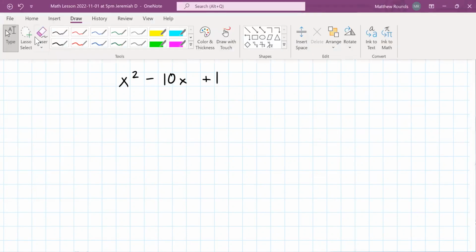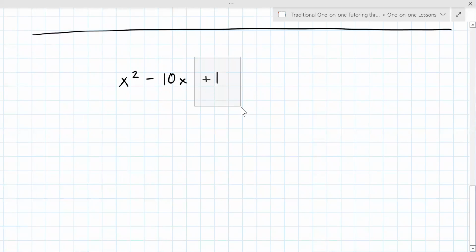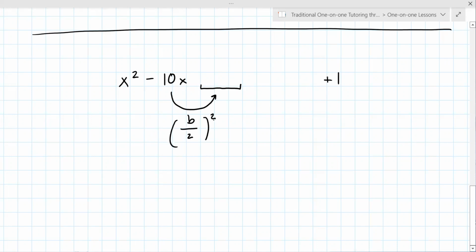Now, in terms of what I'm seeing for problems for you, it looks more like this. They give you a problem. They say, all right, it's x squared minus 10x plus 1. What you have to do is take this 1 right here and get rid of it for the moment. Put it off to the side and leave that empty space. The number that goes in that empty space is b divided by 2, squared. 25.